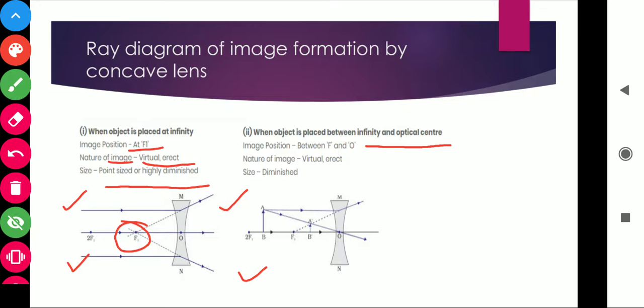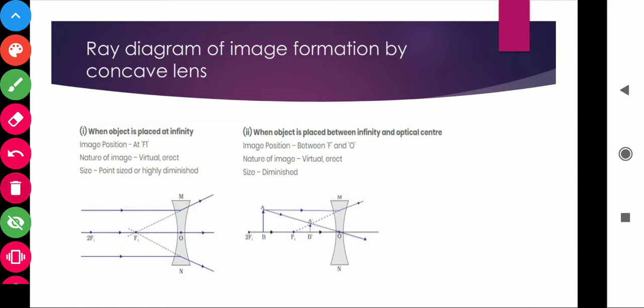Here again we will take only 2 rays, 1 and 2. One is parallel and the other is through the optical center. The ray which goes through the optical center comes out as it is, and the one which goes parallel to the principal axis appears to come from the focus.